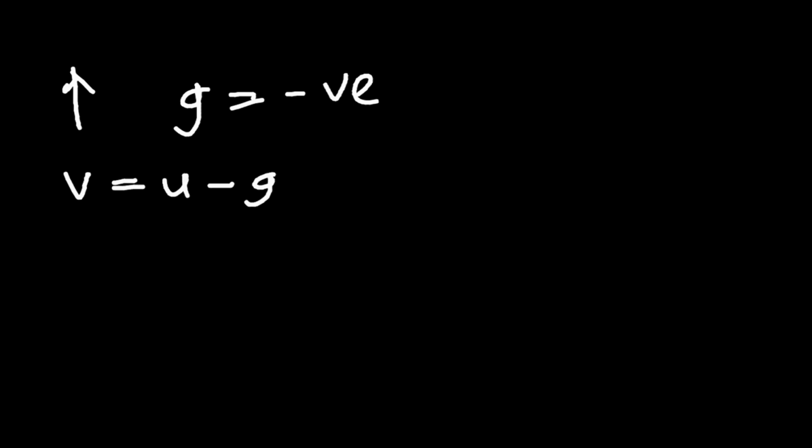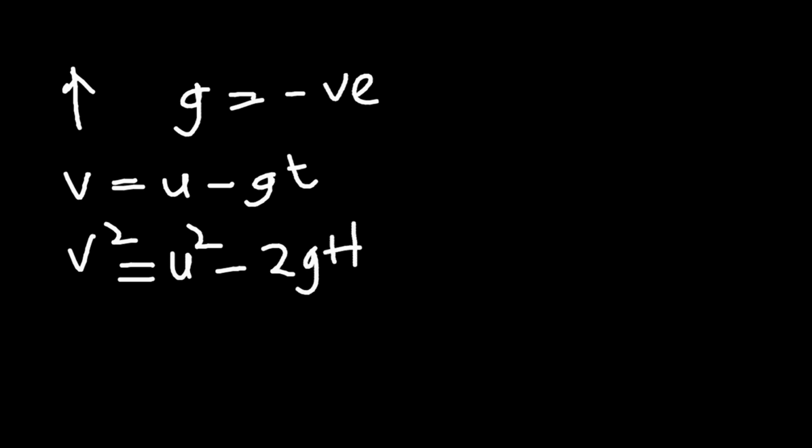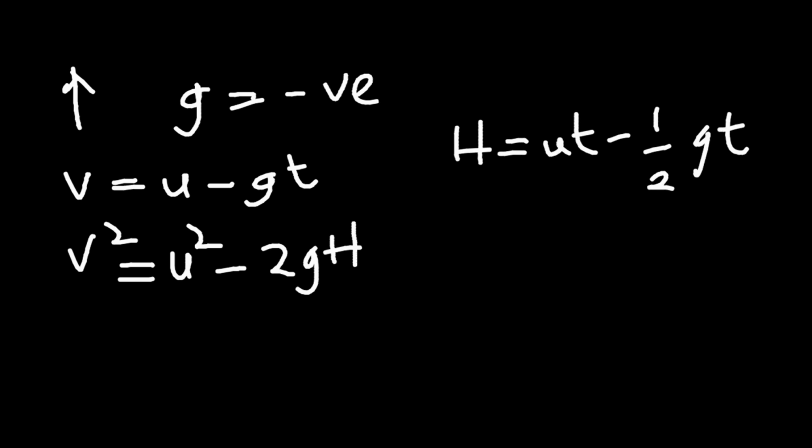For bodies moving upward, the acceleration due to gravity g is negative, and as such, the modifications for the equations of motion become: 1. v equals u minus gt, then v squared equals u squared minus 2gh, and lastly we shall have h equals ut minus half gt squared.